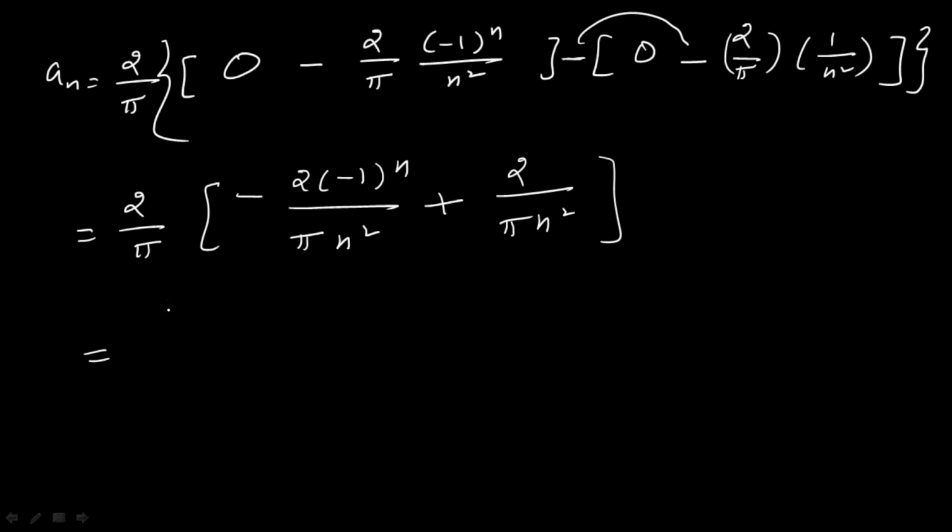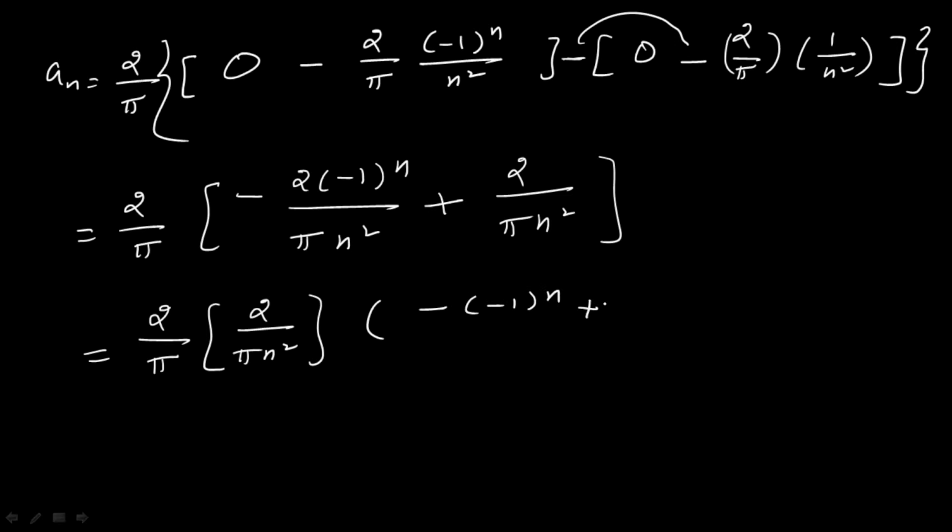So you have 1 minus of minus 1 whole power n plus 1. So what do you have here? 4 divided by pi square n square, 1 minus minus 1 whole power n. So this is the value of an we have calculated.